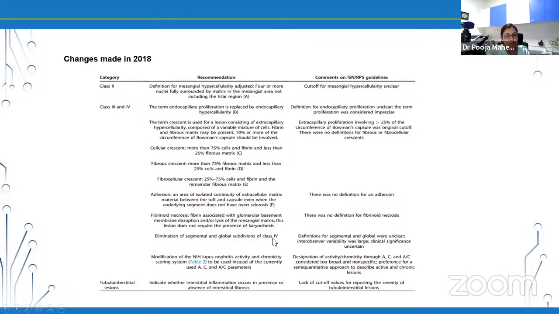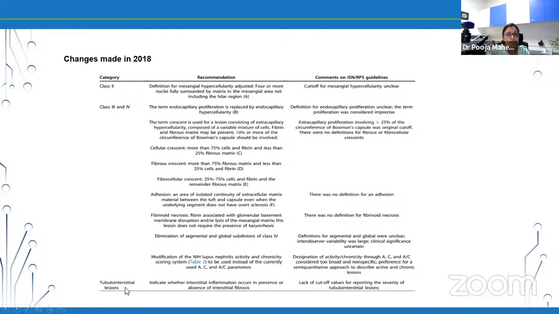Previously this was class 4 S or G for segmental and global. Now there is no such subdivision, and we have designated activity and chronicity indexes, and we have removed A, C, and A by C.